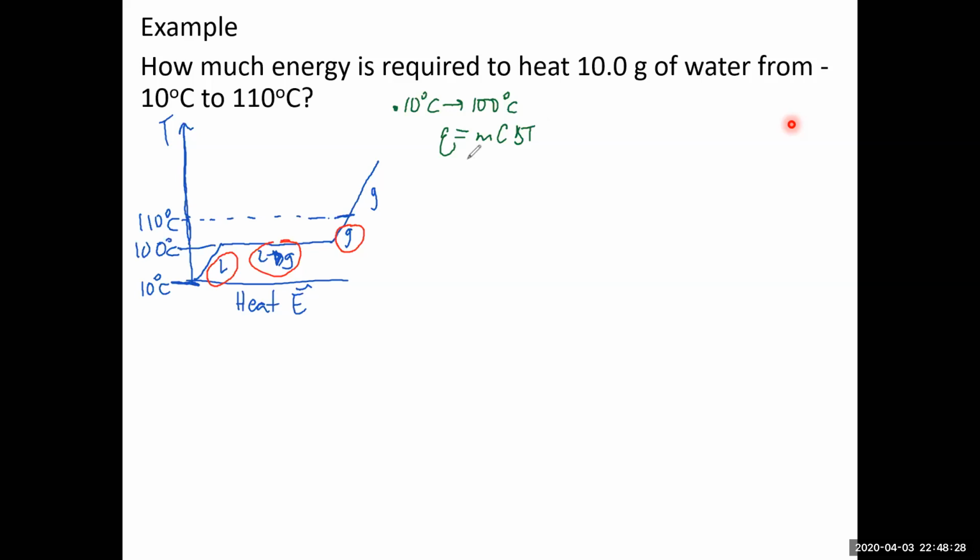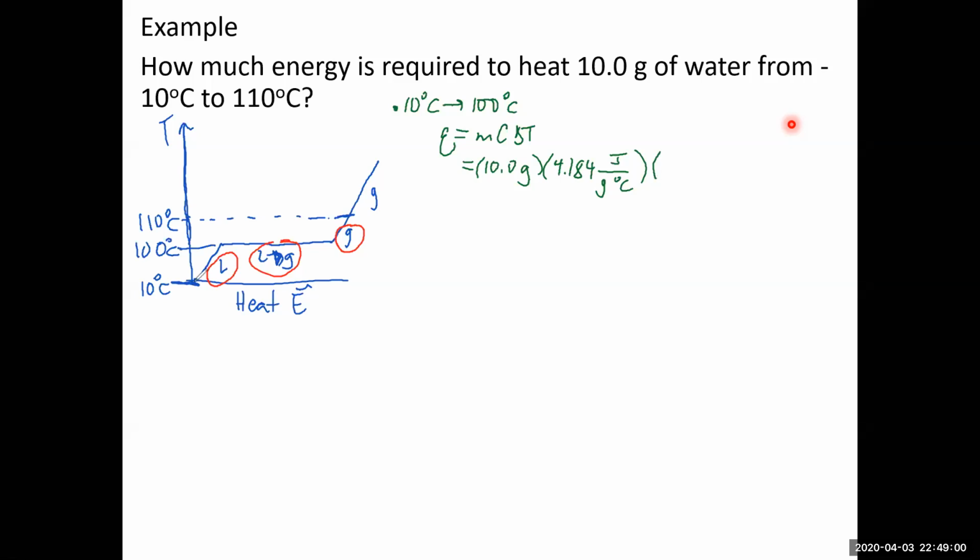The mass is given to us, which is 10.0 grams. The specific heat of water, which you will have to look up from your textbook, but for water, the liquid state is 4.184 joules per gram degrees Celsius times the temperature change.